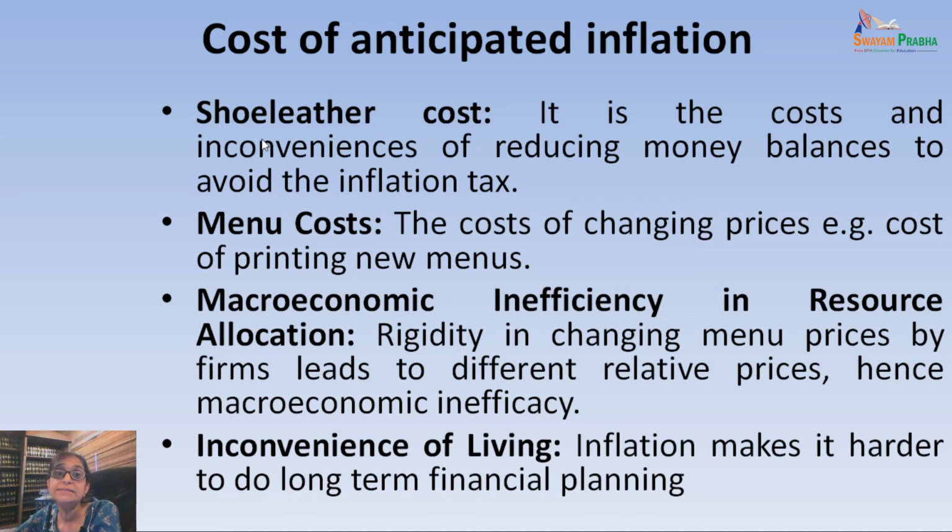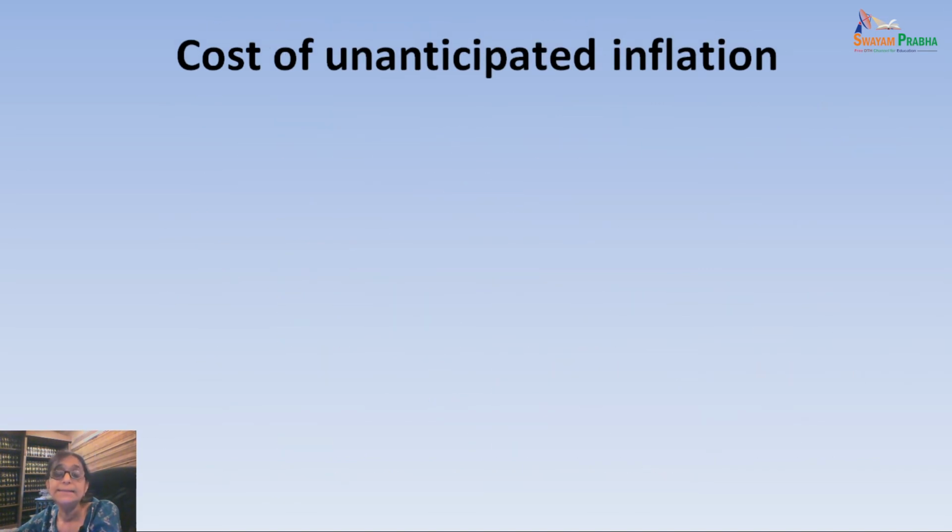So these are basically the costs of anticipated inflation, something which you are expecting and making your decisions accordingly. But the cost of anticipated inflation is still not as bad as the cost of unanticipated inflation. As the name indicates, unanticipated inflation means an unexpected inflation rate.